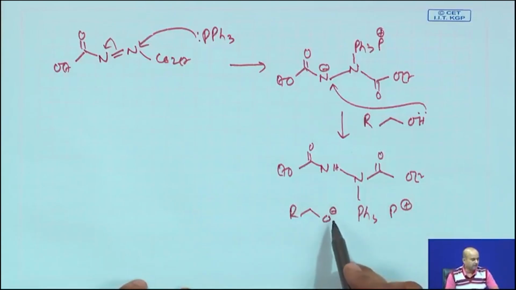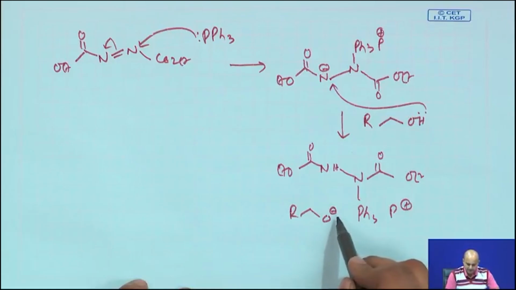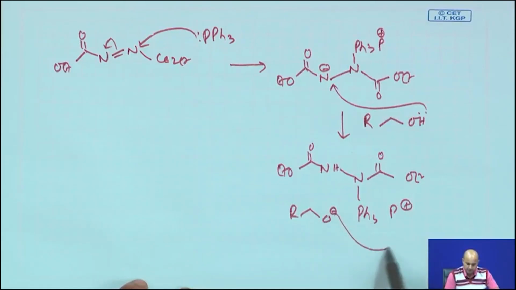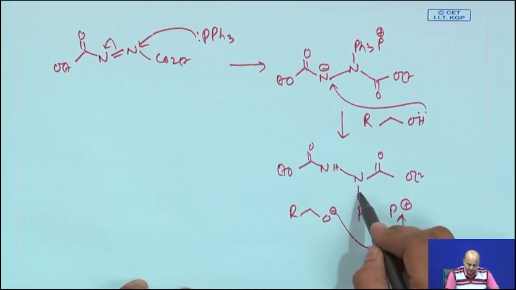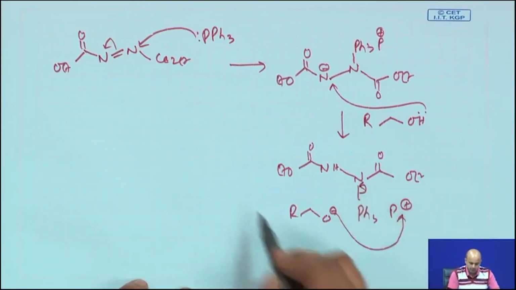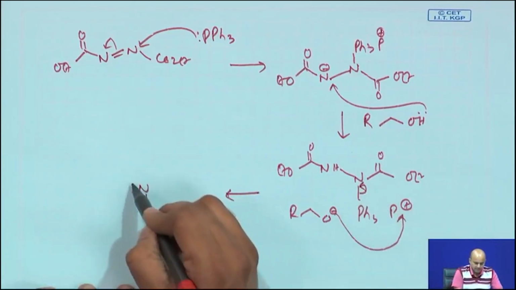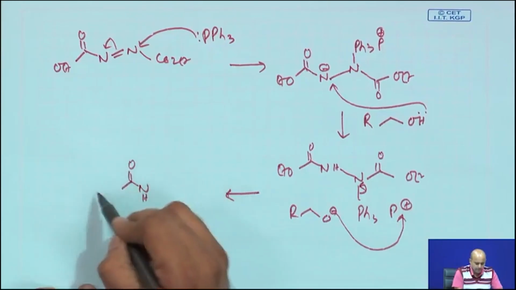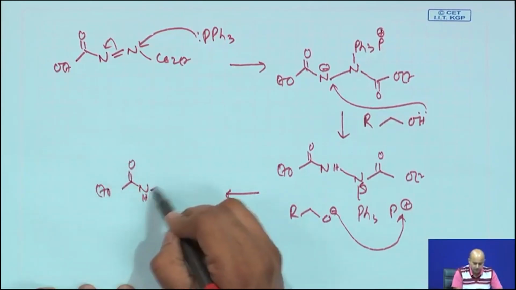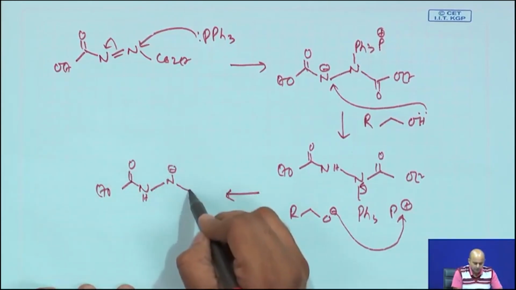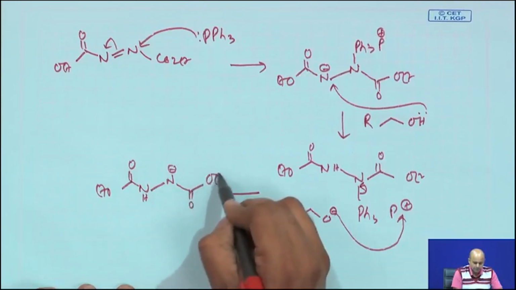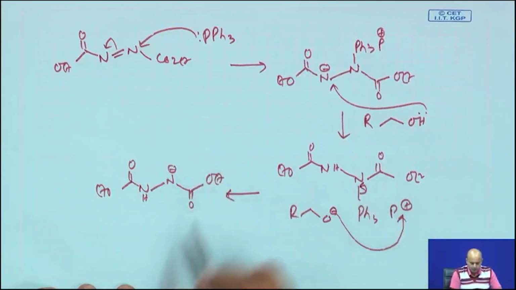Now, this RCH2O minus will react. This is also a good nucleophile, and it reacts with this phosphine. Now this phosphorus-nitrogen bond will try to cleave and again put a negative charge on this nitrogen, which is stabilized through this electron withdrawing group.